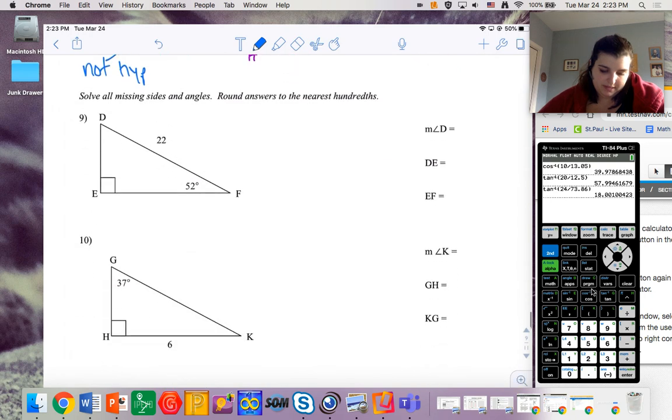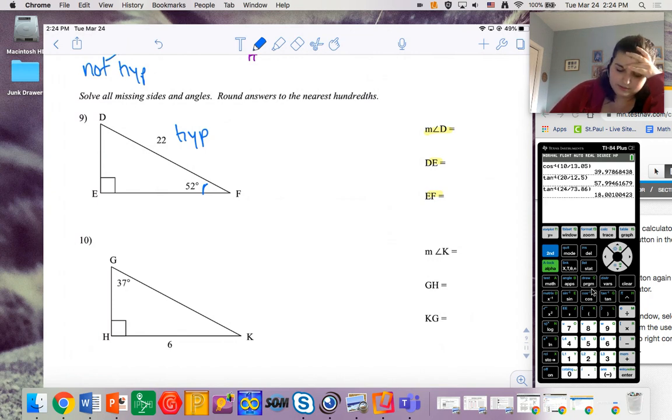Solve all missing sides and angles. We're not going to do, well, I suppose we're going to do them all by looking over here. So there's a bunch of strategies to finding these. Let's just go ahead and start with what we got. So if 52 is our reference angle, okay, this is the hypotenuse. So let's use sine.